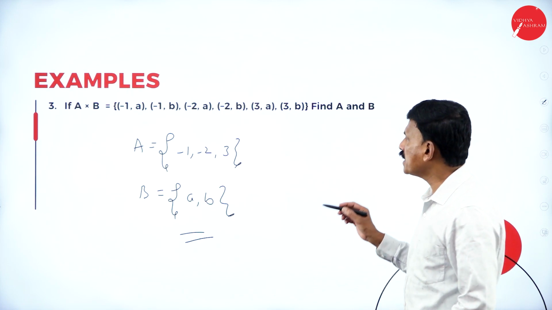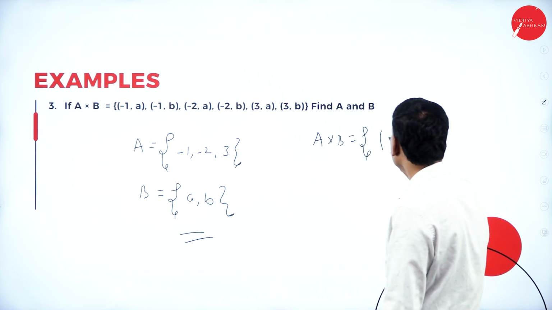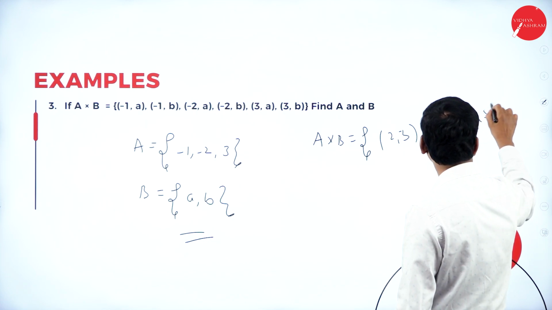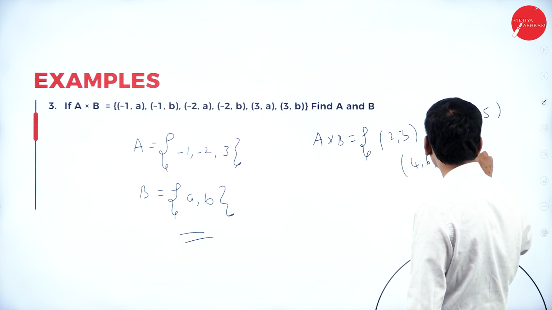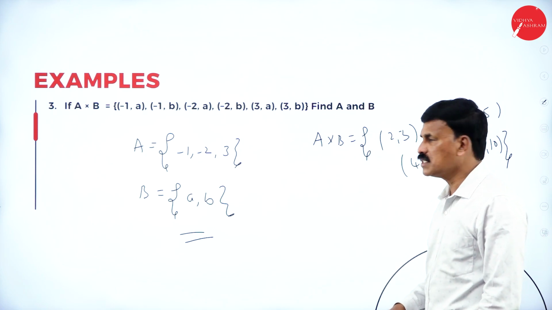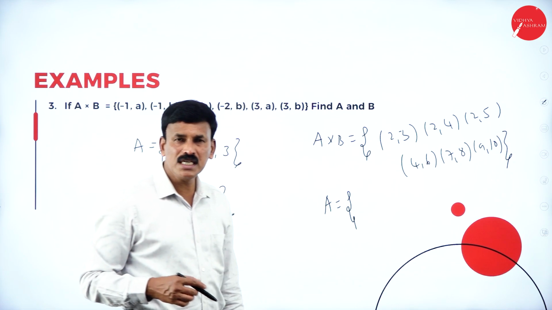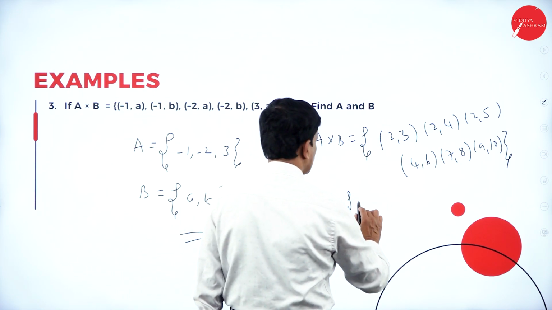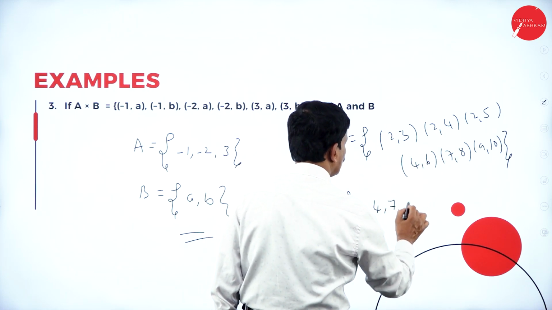That's it. Let us take one more example. If A cross B is equal to (2, 3), (2, 4), (2, 5), then (4, 6), (7, 8), (9, 10), then what is A? A is nothing but the set of all first elements of this Cartesian product. So the first element is 2, already 2 is taken, again 4, then 7 and 9.